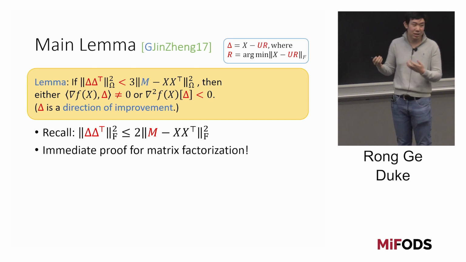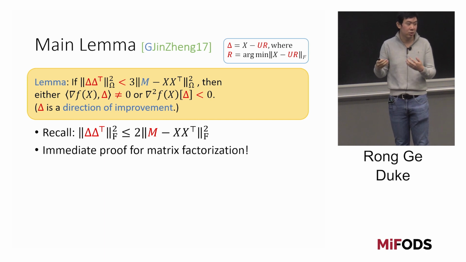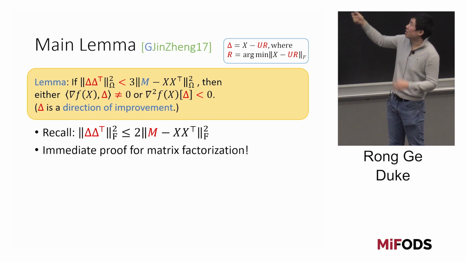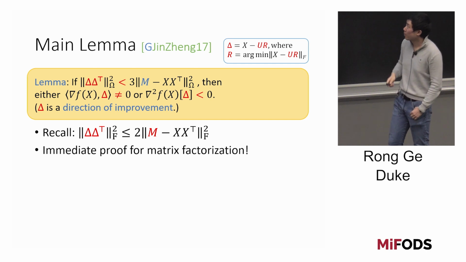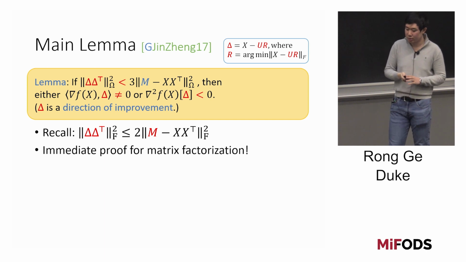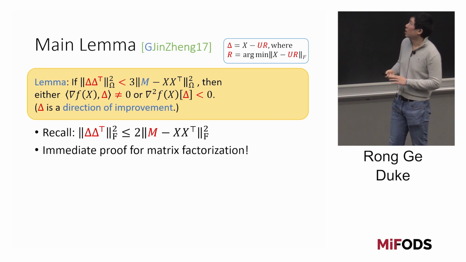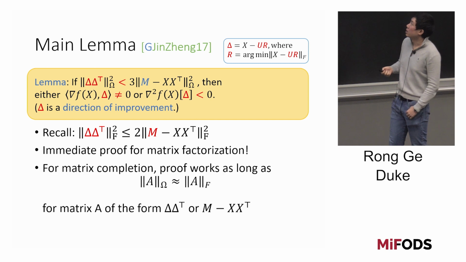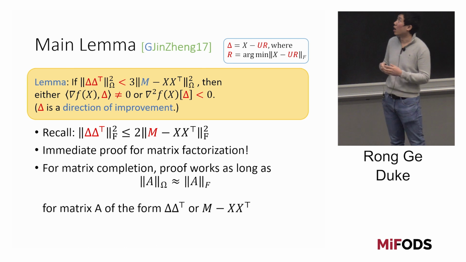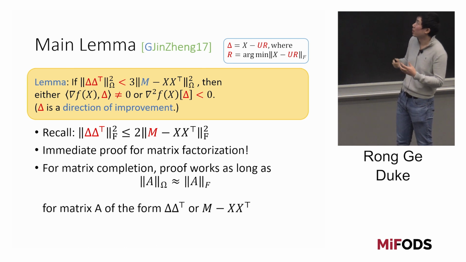But if the right-hand side is equal to 0, then M is equal to XX transpose. So that is actually the global optimal solution. So we actually immediately have a proof for matrix factorization once you believe this lemma. And this proof is easier to generalize to the matrix completion case, because what we need in this proof is actually that the omega norm is going to be close to the Frobenius norm for these two matrices.